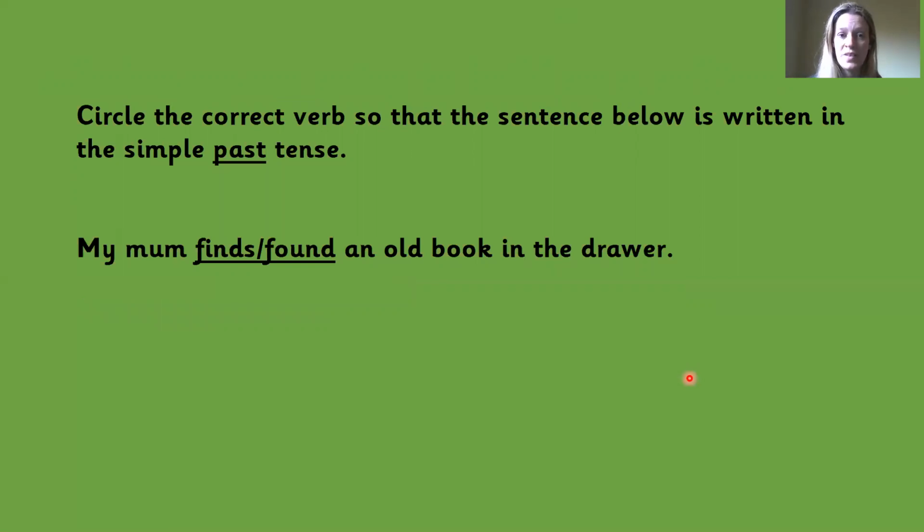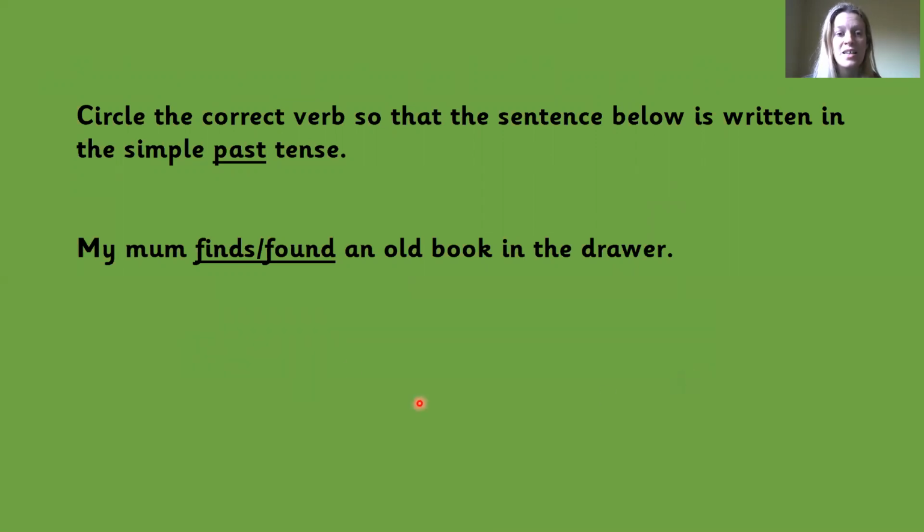Right, let's move on to this one then. So this one is written, and you can see that the verb has been underlined. So the verb, we've got my mum finds, found an old book in the drawer. Okay, the verb has been underlined. It's either finds or found. But what we want to do is we want to make sure that this sentence is written in the past, okay?